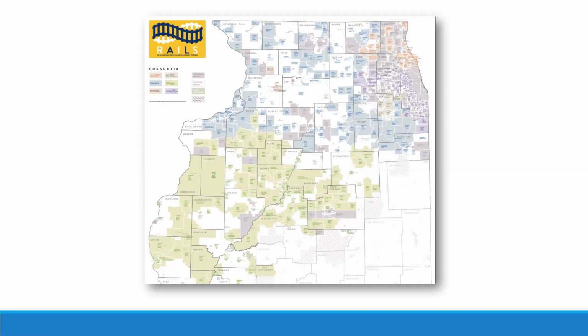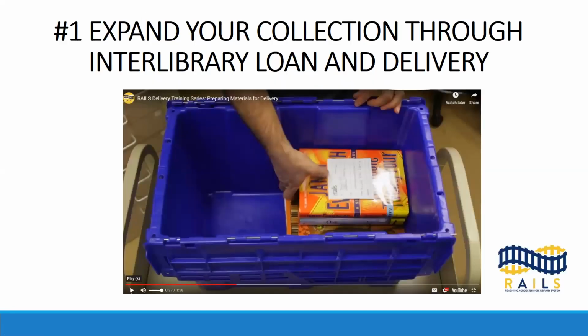So let's talk about what we can do for you. I'm going to start. The first one we've touched on a little bit is interlibrary loan. So interlibrary loan is your gateway to a world of tons of different materials, and Rails helps facilitate that through the delivery service. We have 5 hubs in the state of Illinois, and for many of you, you receive delivery out of the East Peoria location.